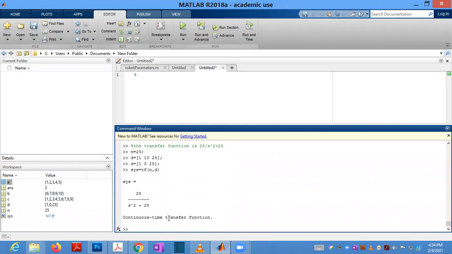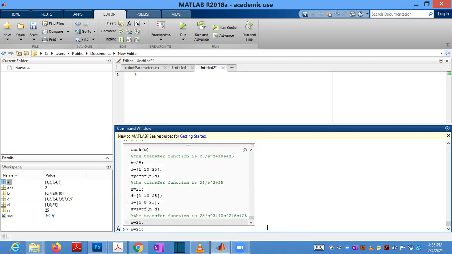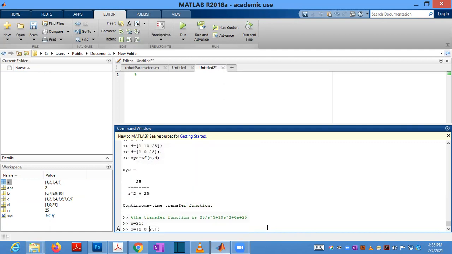So if you want to modify this entire thing into some s cube and 10s raised to 2 plus 6s, and this one is your transfer function, then you have to enter n is equal to something and d is equal to s raised to 3, s raised to 2, s raised to 1, and s raised to 0.